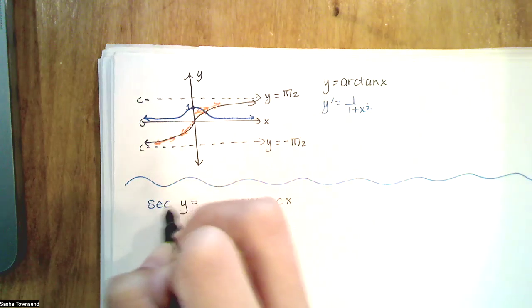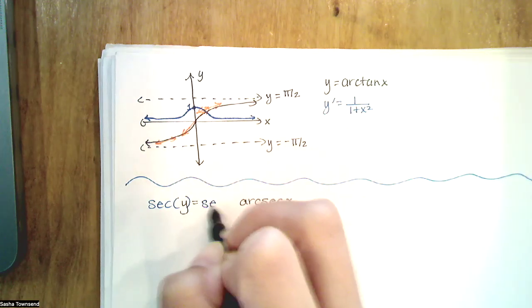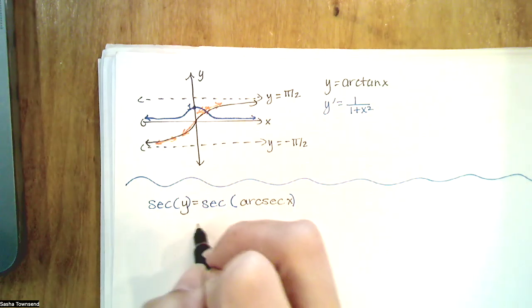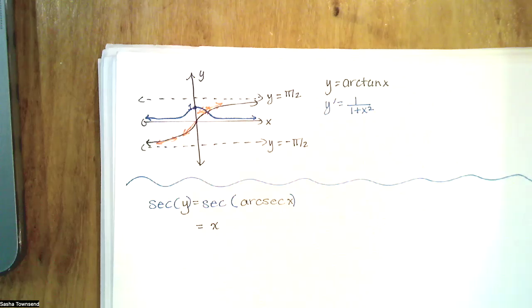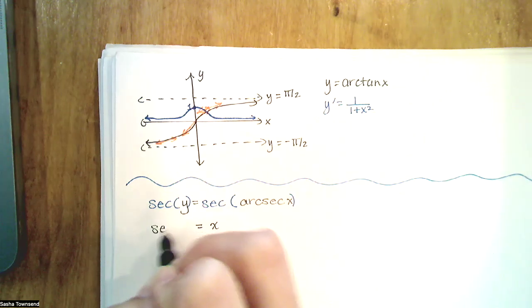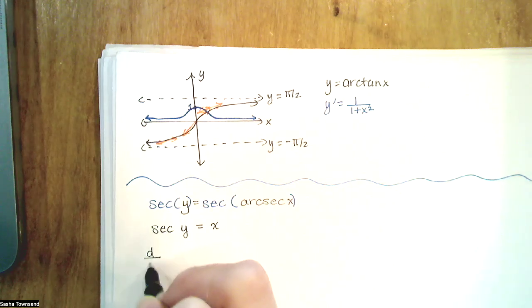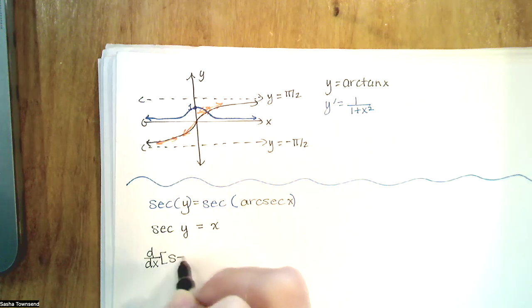Start by taking the secant of both sides. And the secant of the arcsecant is just whatever you started with. Since those two functions are inverse functions, they undo each other. We've got secant of y equals x. And then we differentiate both sides with respect to x.